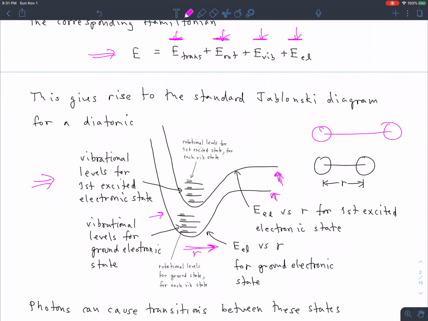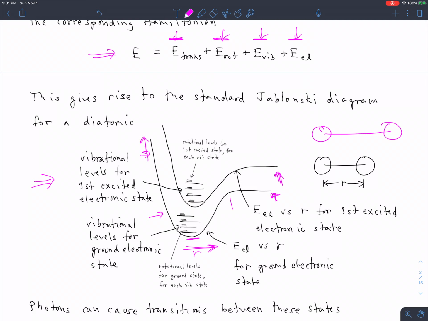When you're down here in the bottom of the well, that means you've got a bond. You're at lower energy than you would be if the atoms were separated. Here, the atoms are separated so you don't have a bond anymore. And over here, if you start trying to push the atoms too close to each other, then they start repelling, or basically you're trying to force two atoms on top of each other, and so the energy starts rising again.